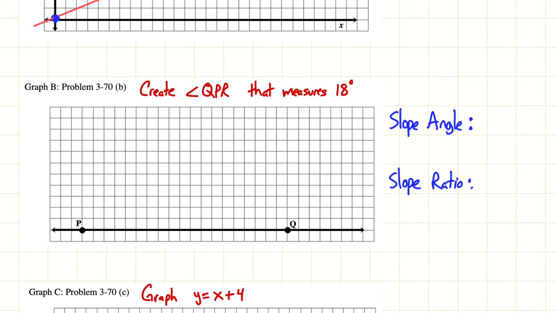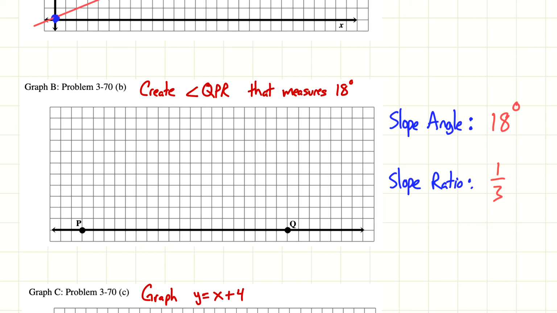Let me draw that in for us. And let me write this. So slope angle, we already know the slope angle is 18 degrees. And our slope ratio, I'm just going to tell you what the ratio is now, to help us draw this. This is going to end up being approximately 1/3. So if you're drawing this one out, that's probably going to be the most accurate line that you could draw.